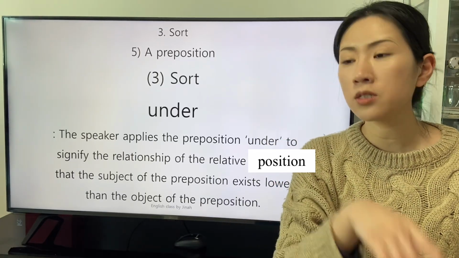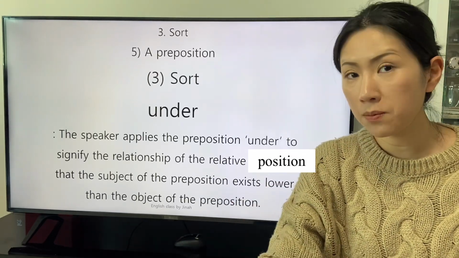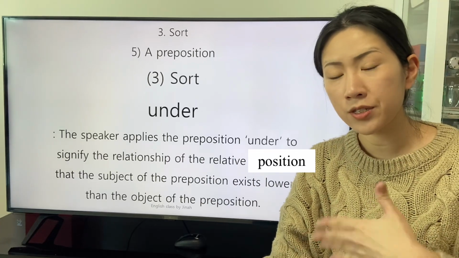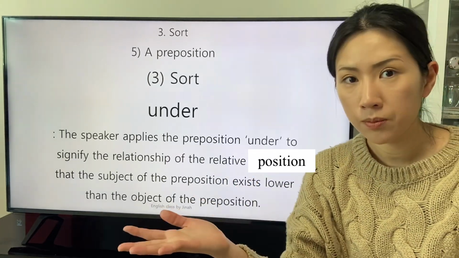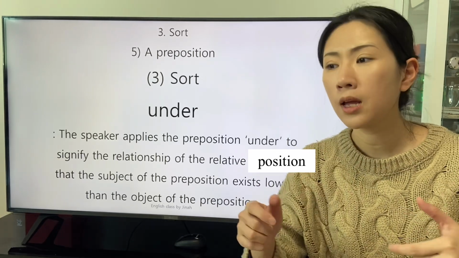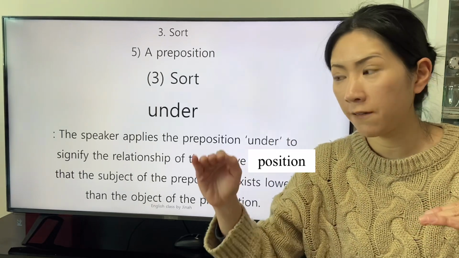The prepositions on and under share the similarity that the object of the preposition is the relative standard that is changeable. So the preposition on or under mediates the subject and the object.